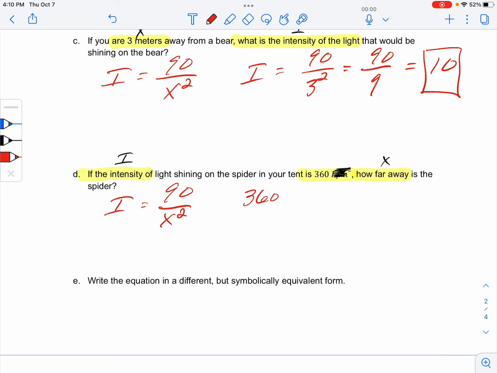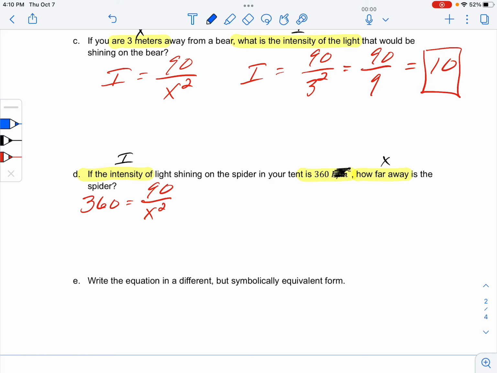Actually, I'm going to make a little room because we have some calculations to do here. So I'm going to start this over, and I'm just going to write it right in our equation. 360 equals 90 over x squared. So now we need to do some solving, some rearranging to get our value of x.